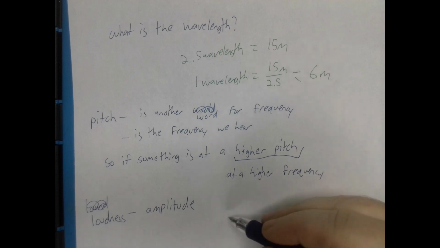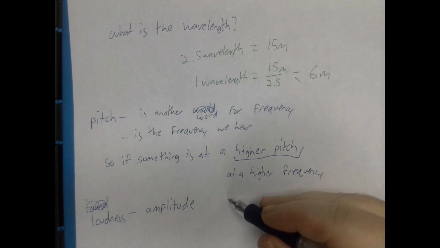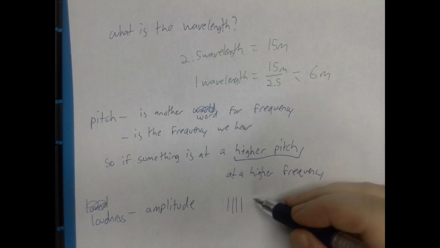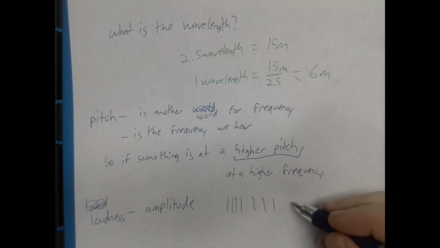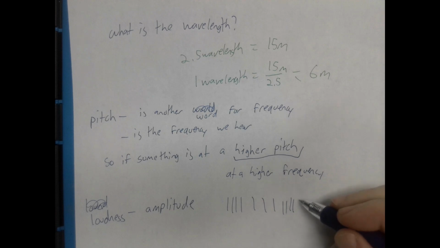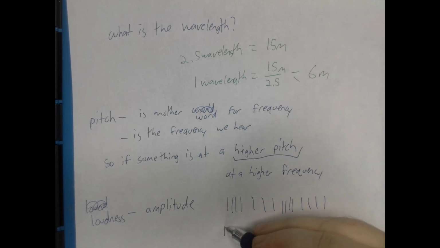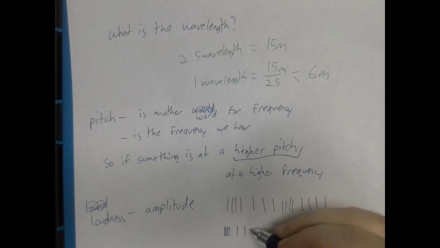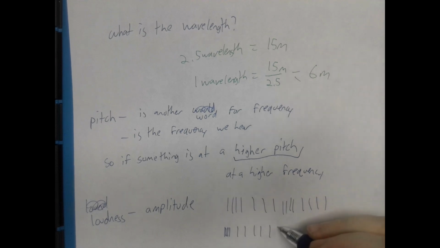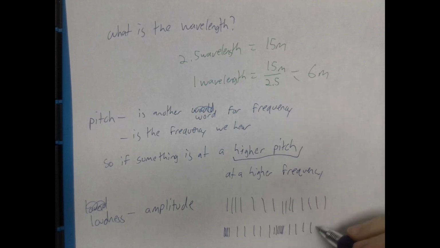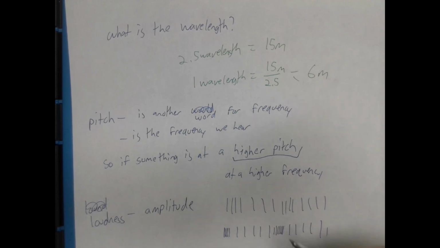So for example, if you have something like this versus something like this, this is more compressed, so this is a higher amplitude.